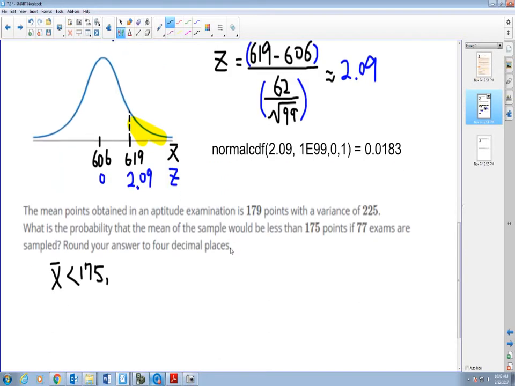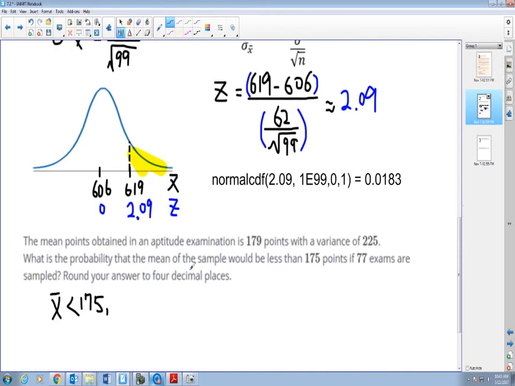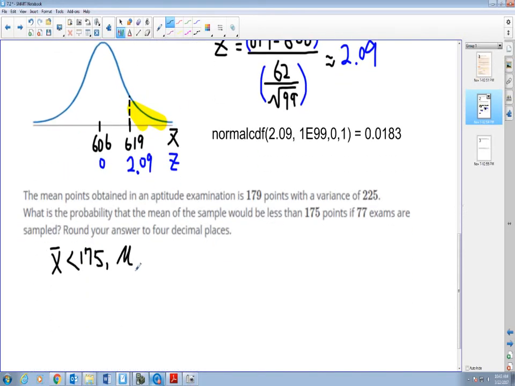Alright, right now what do we know? Just like up here, the mean of the population is 179. The mean of the sampling distribution of X bar will eventually be the same as the population mean, because if I take enough samples, eventually it will equal out to the population mean.